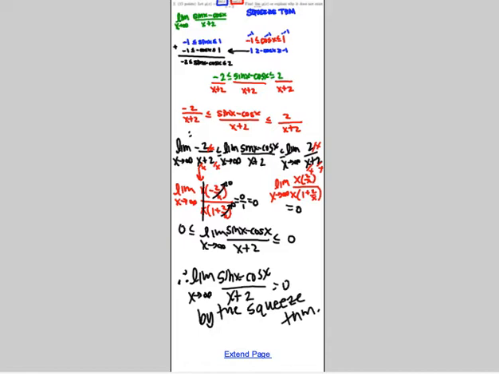Alright, so let's talk about the points. We're 15 total? 15. You get 5 points for getting to this part: negative 2, squished in between negative 2 and 2, plus 5. Then you get 5 points by showing your division by x plus 2, and another 5 points.